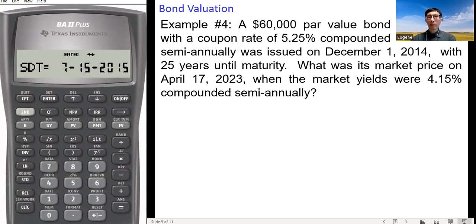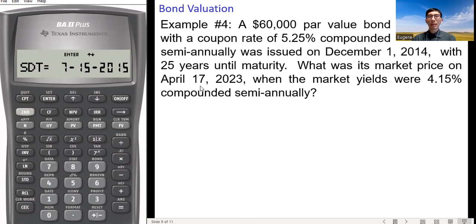Here, the question asks about the market price, which is the variable PRI in the bond worksheet. And you can see that the bond is sold on a non-interest payment date.